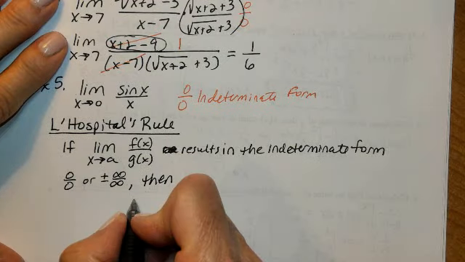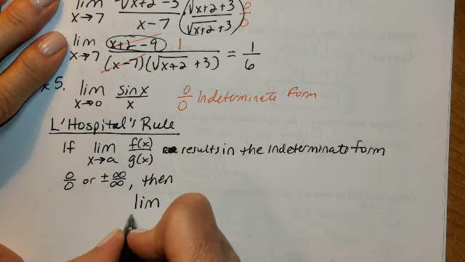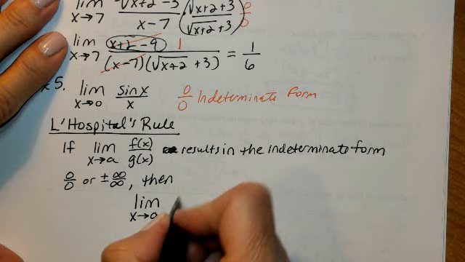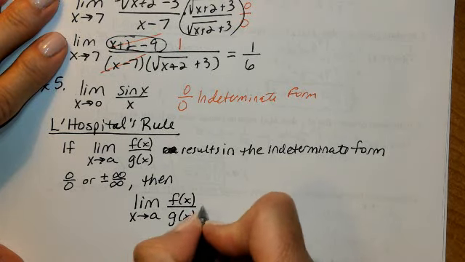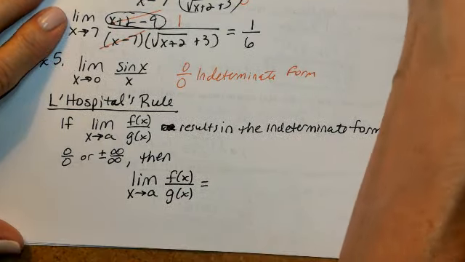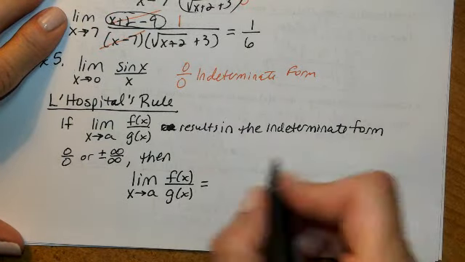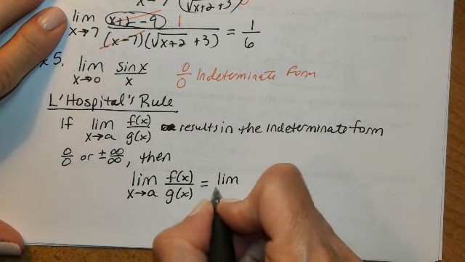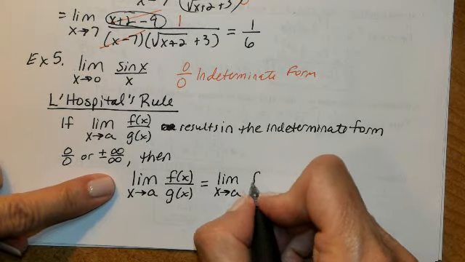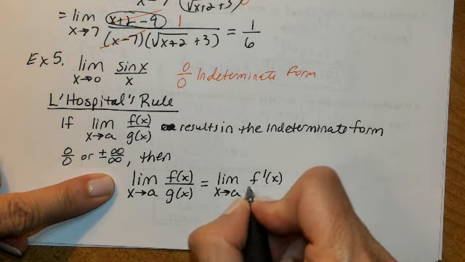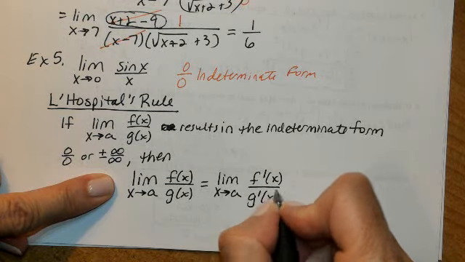here it comes, the big one, drum roll. The limit as x approaches a of f of x over g of x, I know you can't wait to see this, is equal to the limit as x approaches a of f prime over g prime.